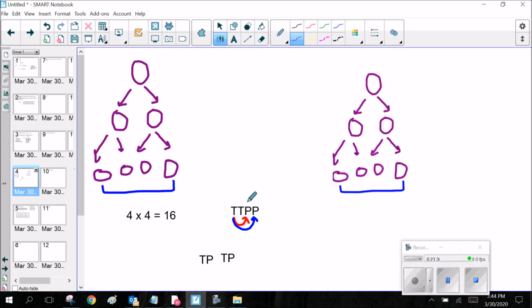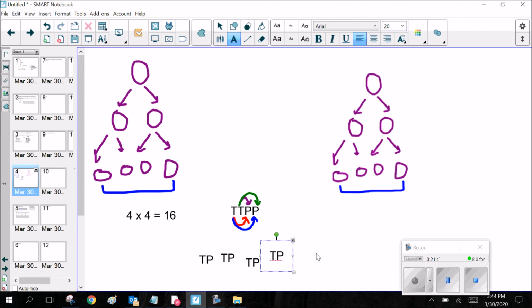Or I can imagine taking this T and mixing it with this P over here, and that would give me this combination. Or I can imagine taking this T and this P over here and combining them together, and that would give me this combination. So these are all the possible combinations of alleles that I could get using that person's genotype.